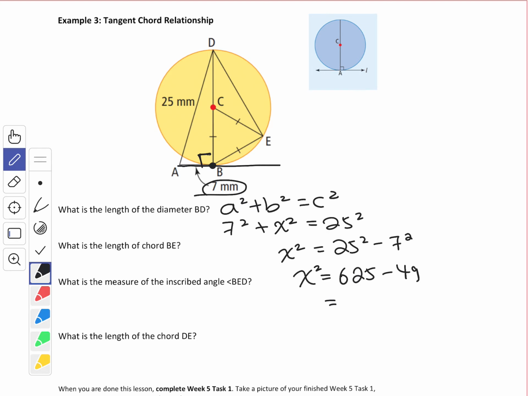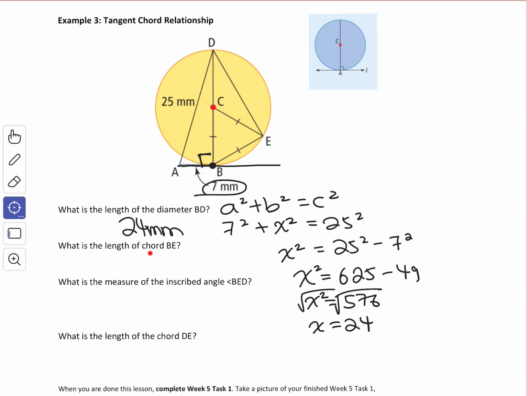Grab a calculator. 625 minus 49 gives us 576. X is equal to the square root of 576, which is 24. So diameter BD is going to be 24 millimeters. Watch out for the units here.